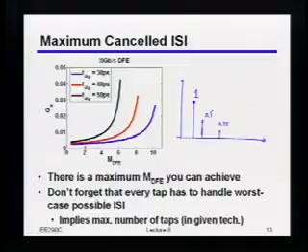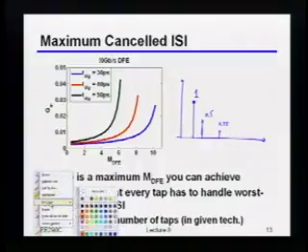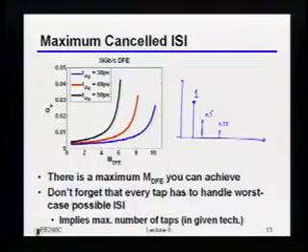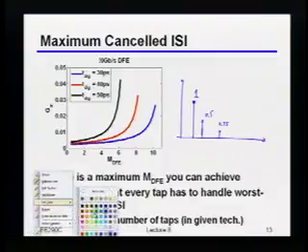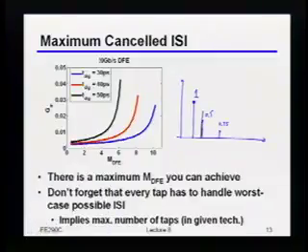But remember, you're probably not going to build this link to operate on just one channel. In reality, there's going to be another channel that may have the following characteristic. Maybe that's 0.6 and this one is 0.1, and let's add another tap over here of 0.2.